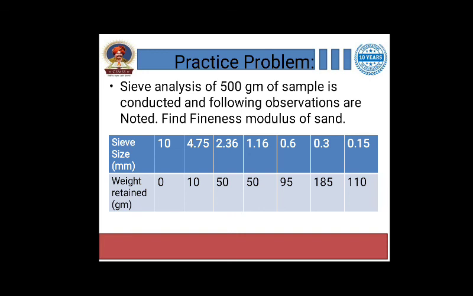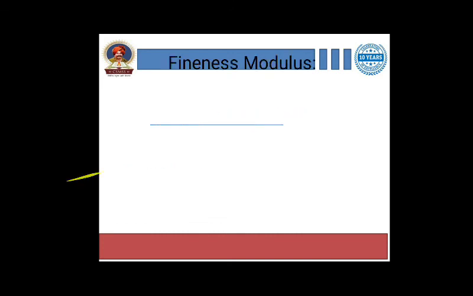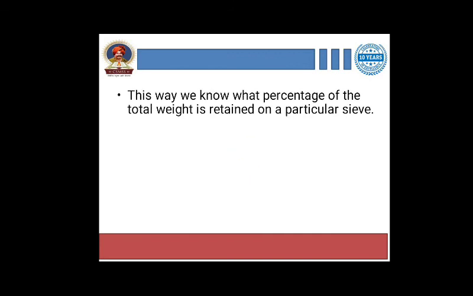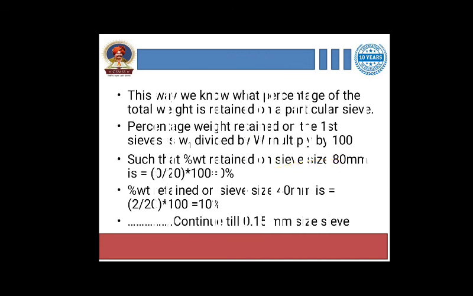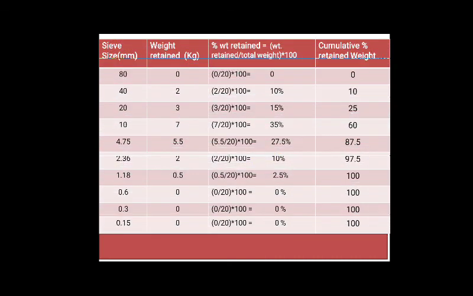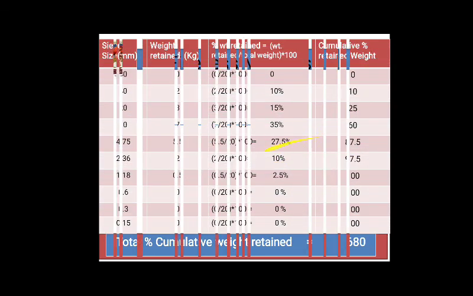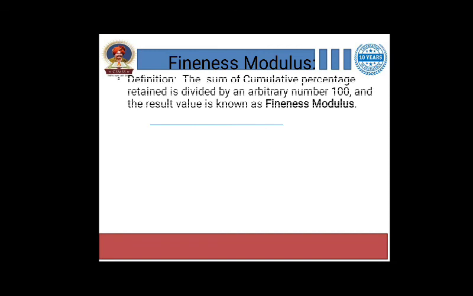I will once again repeat the previous slide for you. We have to calculate the fineness modulus of the previous problem. What is the formula for fineness modulus? The summation of percentage cumulative weight retained divided by 100.